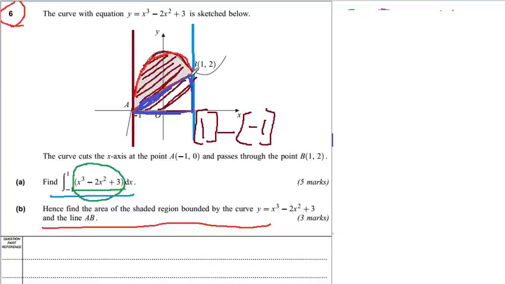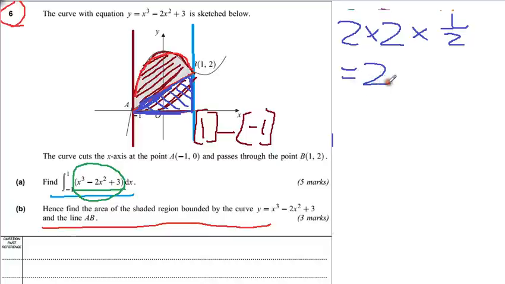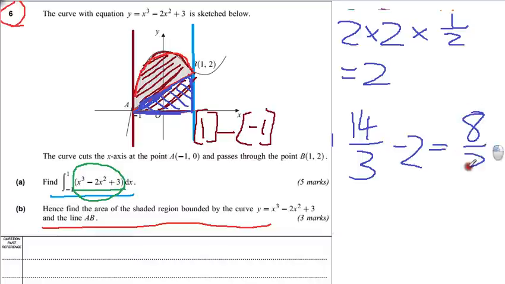So the area of that blue triangle is going to be 2 times 2 times a half. So the base is 2, the height's 2, times a half, which of course equals 2. Then simply take our answer from before, our area under that graph, 14 over 3, take away that 2, and you'll get 8 over 3.